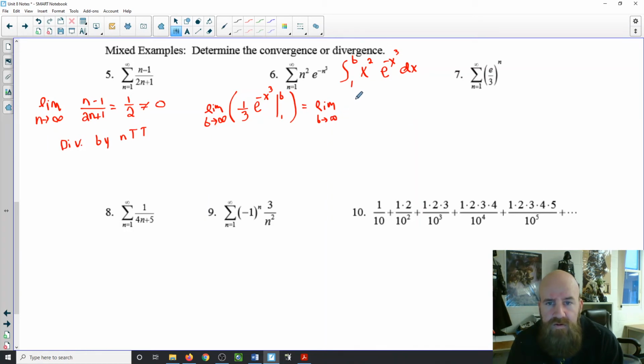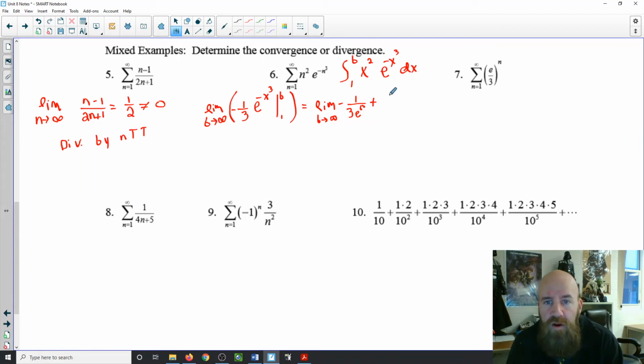We end up with 1 over 3. I'm going to move the e into the denominator because it's a negative power. So e to the b cubed. Oh, sorry, this is negative, by the way. So we're subtracting a negative, so we're adding.